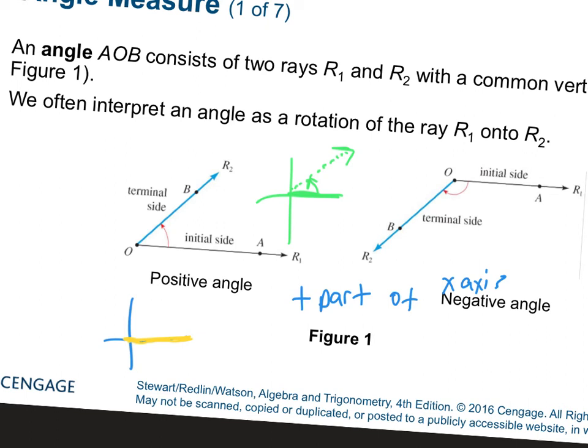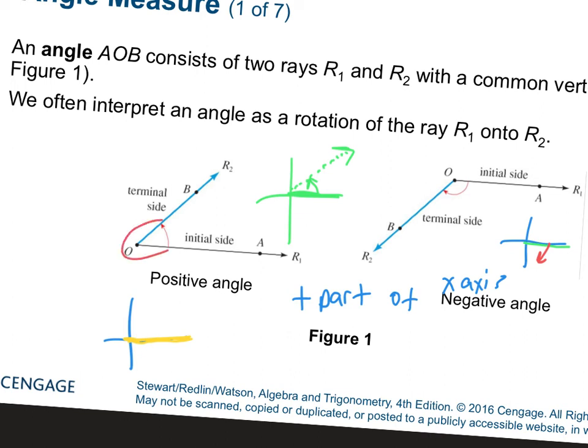A positive angle starts at the x-axis, the positive side, and you go up. A negative angle, what do you think the negative angle does? Starts at the x-axis and goes which way? Down. That's it. Negative angles go down. So if it said negative 30, you would go down 30 degrees instead of up. So the negative in front of an angle just gives you direction.